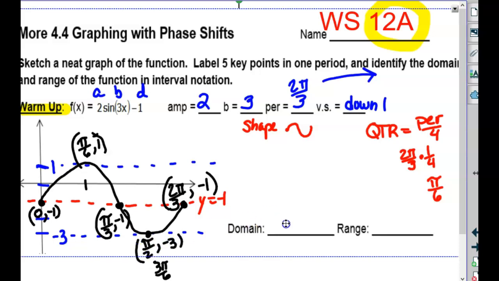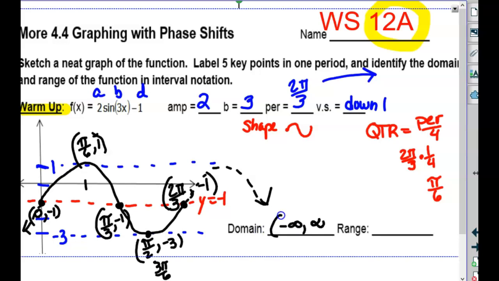Okay, be very careful, guys. Does this really have a starting and stopping point? No, this should continue on, okay, and going this way. You don't have to draw that on yours. I'm fine, but when you go to do the domain and range, I don't want you to tell me where you started and stopped, I want you to tell me what?